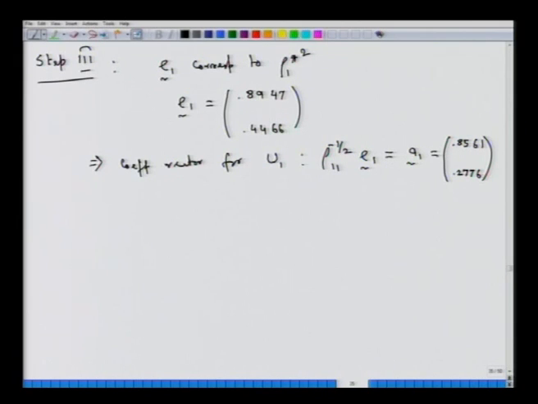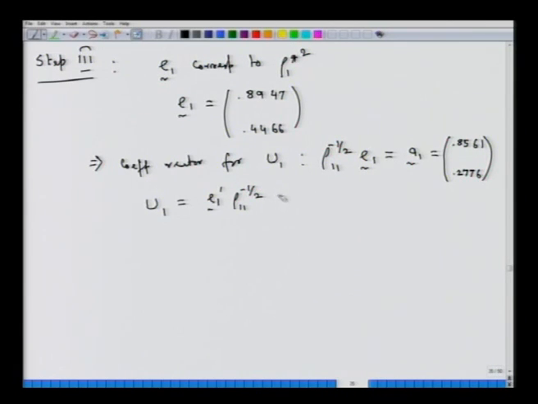So, if this is A 1, then U 1, the first component of the first canonical variable derived from x's, is going to be given by this E 1 prime rho 1 1 to the power minus half times x vector.